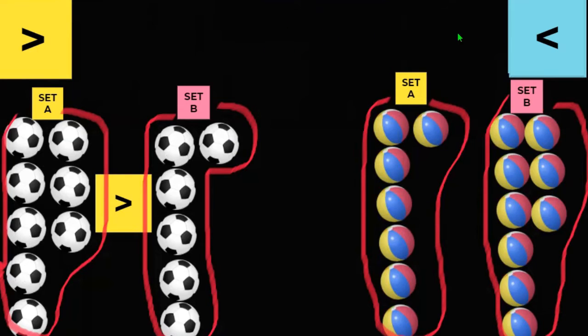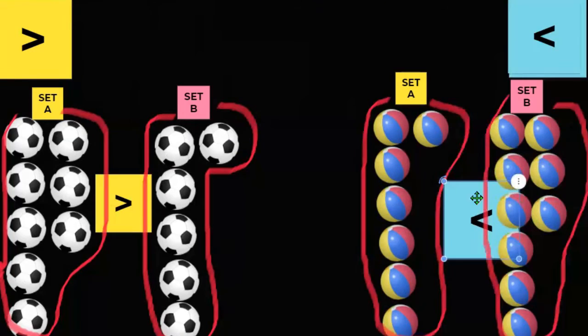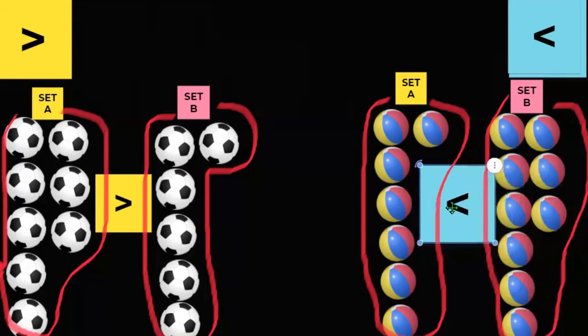Okay, less than sign. Because the first group has a smaller amount. 7 is smaller than 9. So we usually use the less than sign when the first group has the smaller amount.